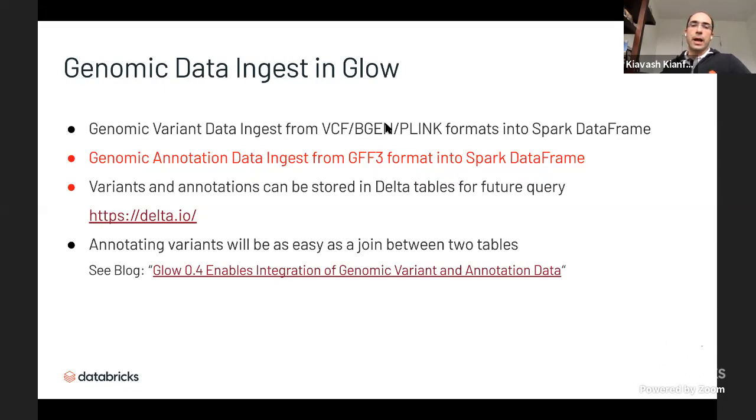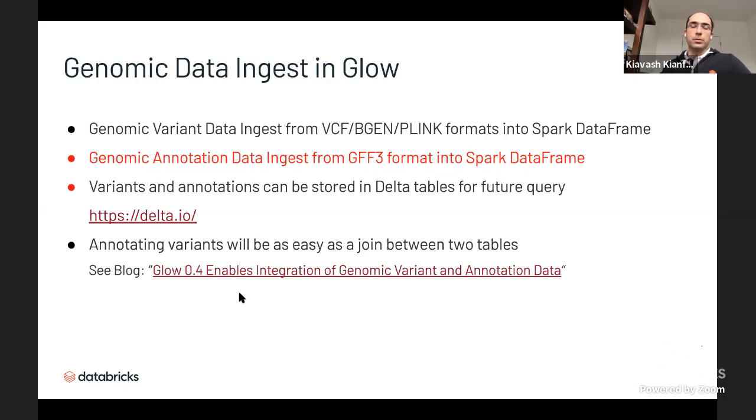If I have the variants and I have the annotation, the job of annotating your variants will be just as easy as doing a join between two database tables, and these details are explained in this blog.